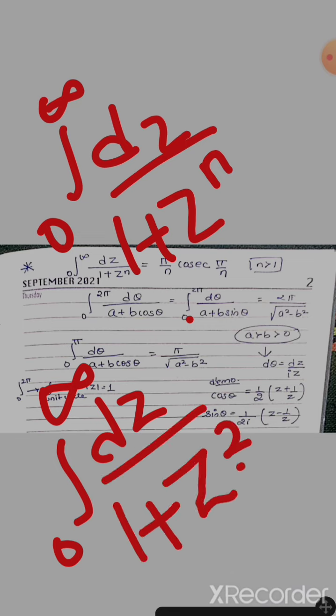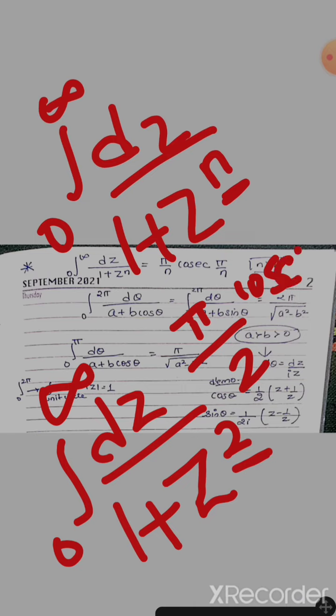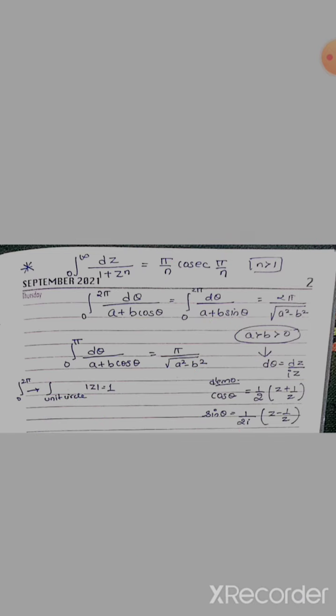Here 2 is your n value, just simply put pi by 2 cosec of pi by 2. What is the value of cosec pi by 2? You will directly get the value. In that way you can solve the question without going through the regular steps.